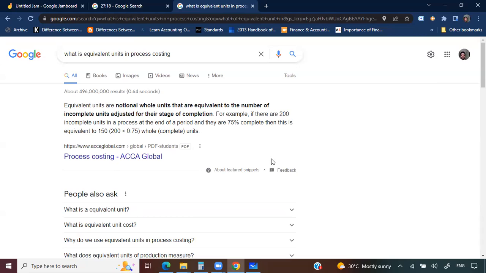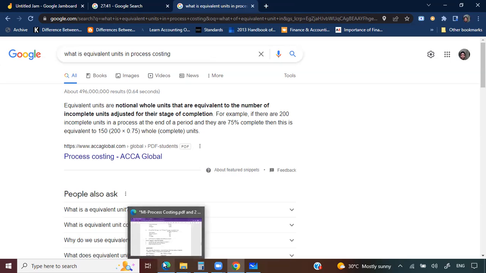We want to know the degree of completion of that work in progress, how much work is left. Say it is 200 units and the contractor tells us it is 75% complete, meaning the equivalent is that we can use that partly finished goods.